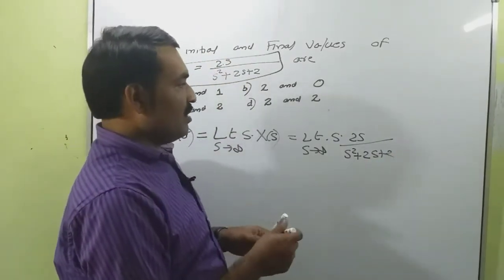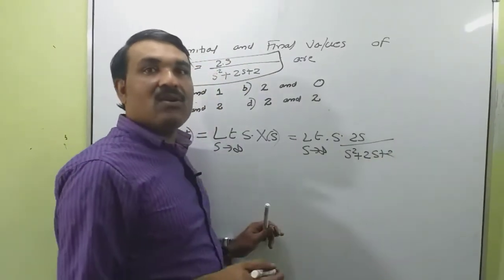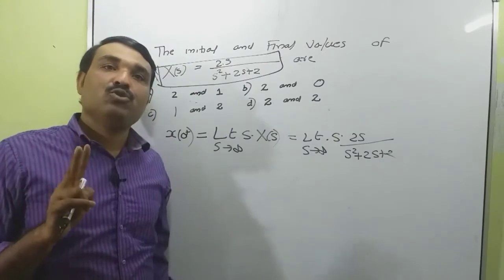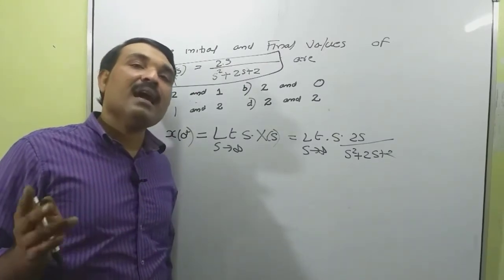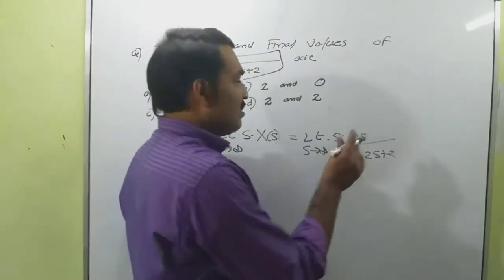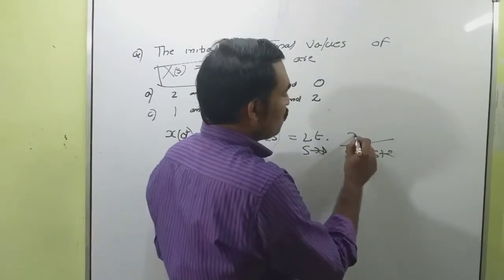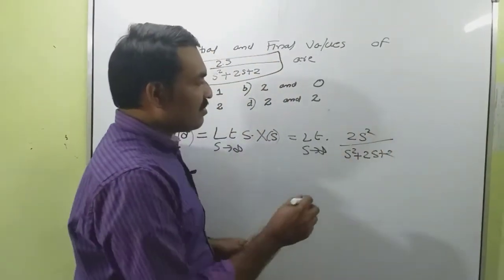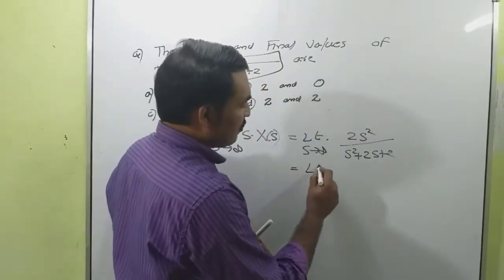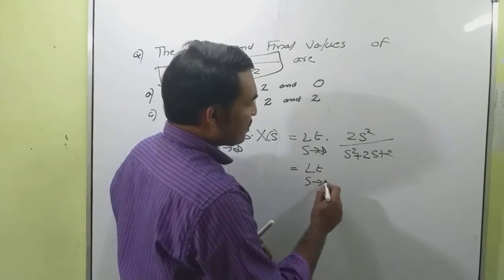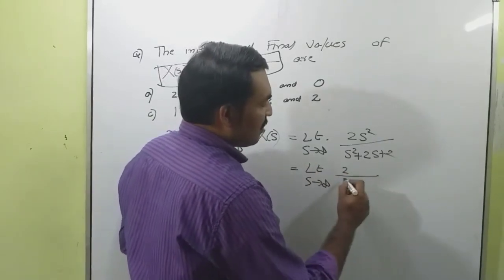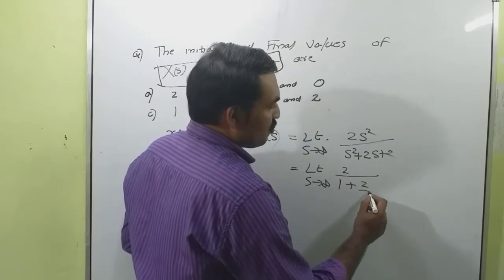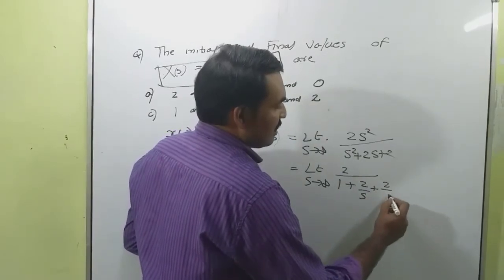Now the degrees of numerator and denominator are 2, so divide the numerator and denominator by s square. So the numerator term is 2 s square. Dividing by s square we get limit s tends to infinity 2 divided by 1 plus 2 by s plus 2 by s square.